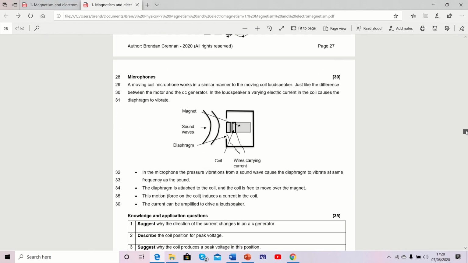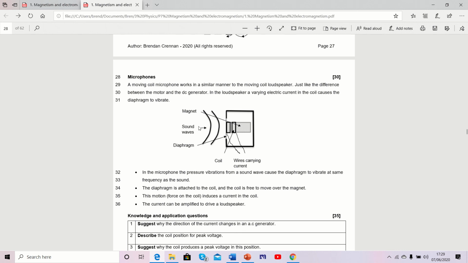And then finally, the use that we see of the generator effect is the microphone, which is the direct opposite of the loudspeaker, in the same way as the motor effect is the opposite of the generator effect. The setup here is the same as the loudspeaker, but in reverse. So sound waves come in, they hit a diaphragm, which would be the thin skin on the microphone.